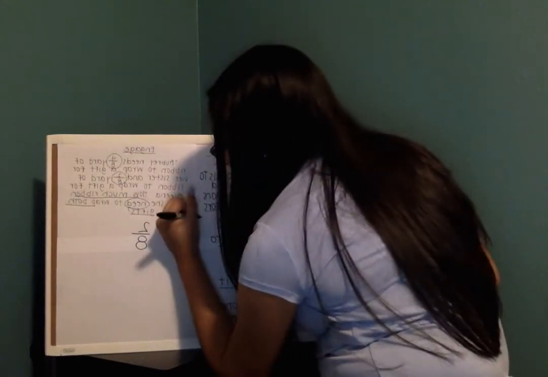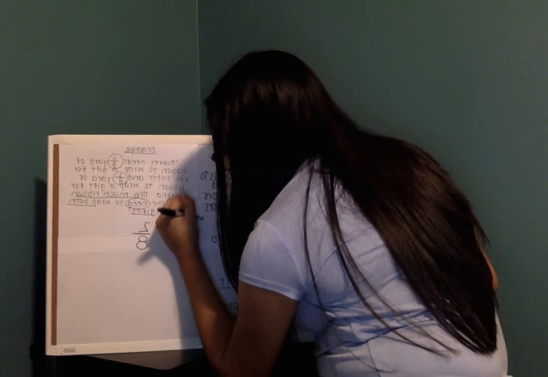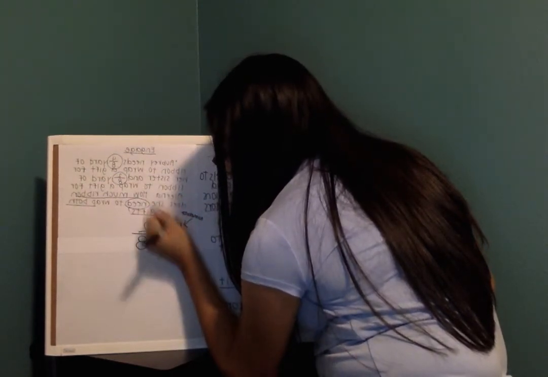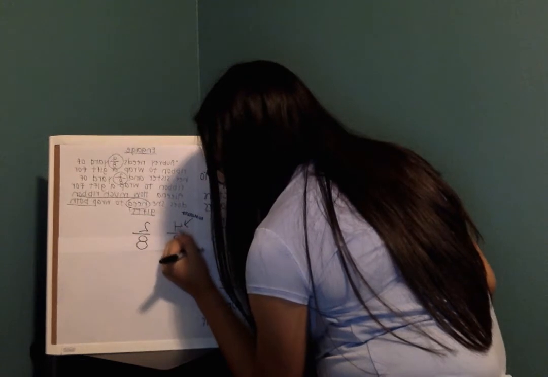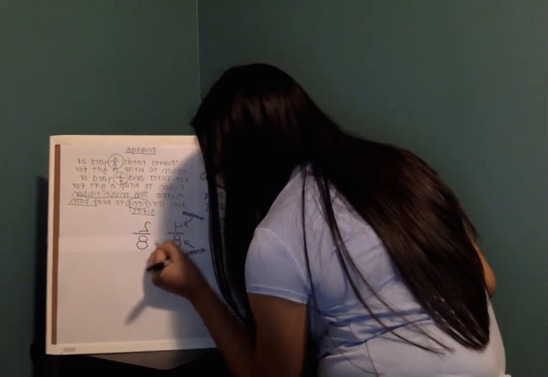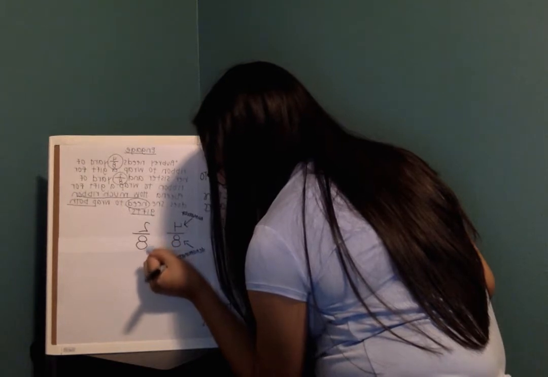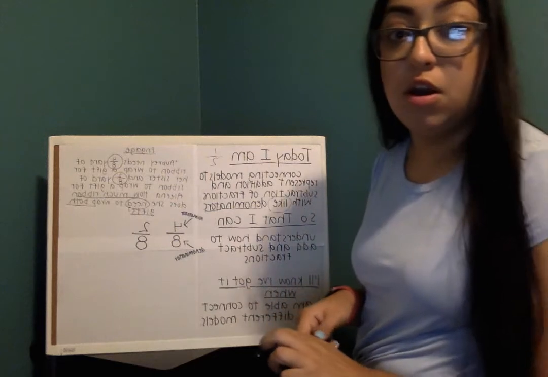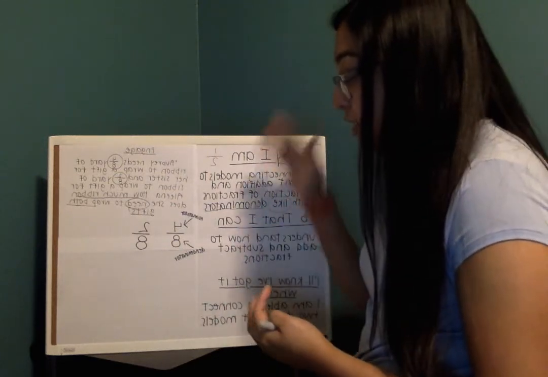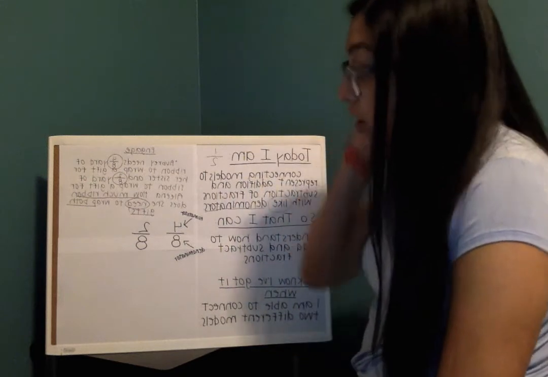We can go ahead and write that down. Numerator and denominator. Okay? So we know those two are numbers that are important in a fraction, our numerator and our denominator.